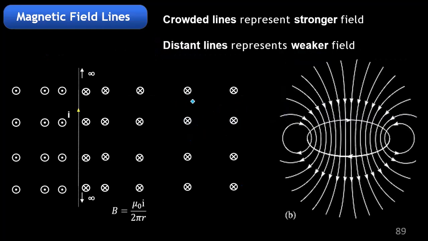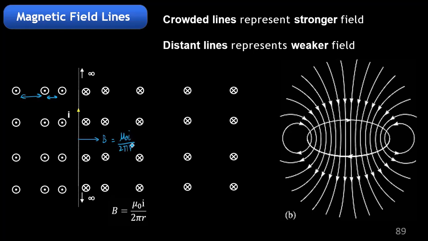So if I say gaps are different, here you can observe the gaps are small, and here I am putting the gaps larger. That means I can ensure that the magnetic field is not constant. Why? Because for a current carrying wire, I know that the magnetic field B is equal to mu naught I by 2 pi r.